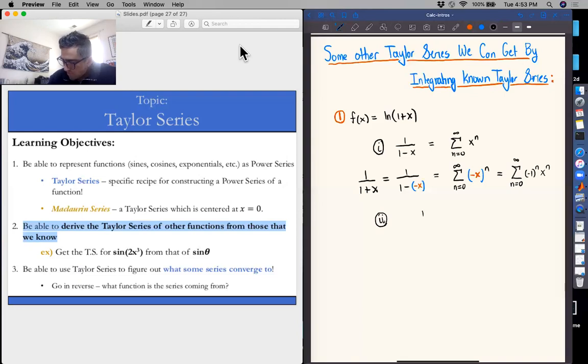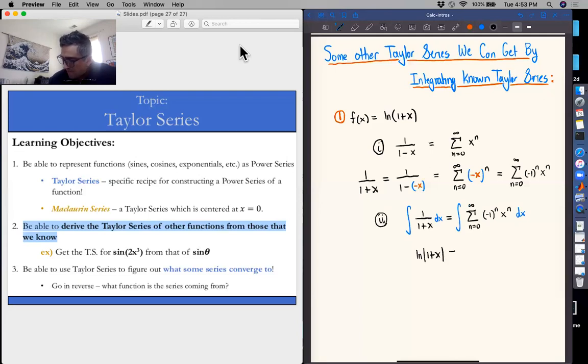If we have this relationship of 1 over 1 plus x equaling that power series of minus 1 to the nth power times x to the power of n, we can integrate both sides of this equation. If we integrate both sides, the left-hand side, the integral of 1 over 1 plus x, gives us the ln of 1 plus x.